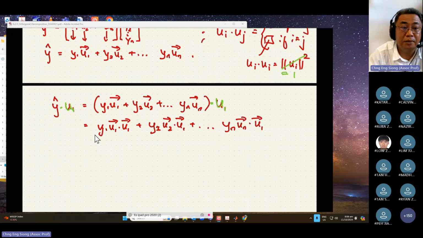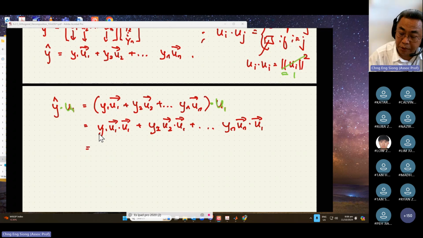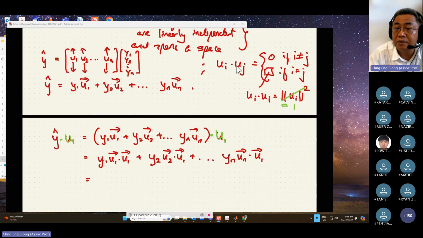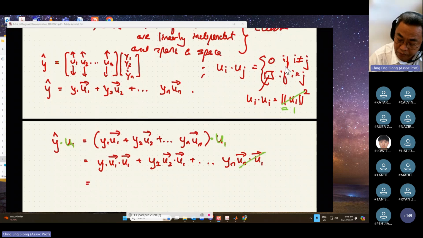Then what will happen? Remember this property: if the u's do not have the same index, they are orthogonal, therefore their dot product is 0, and you will realize that all of this goes to 0. The only thing left is u1 dot u1, and u1 dot u1 is 1.